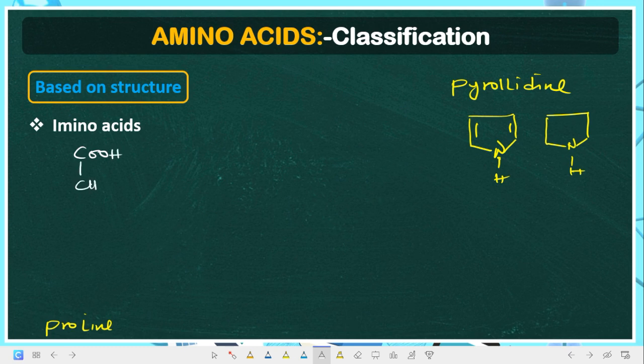Then we have CH, and then H2C, in order not to exceed the valency. And then it continues like that, H2C, and then CH2. Then here you have NH. So we can see that this amino acid is also heterocyclic. So this is the structure of proline.